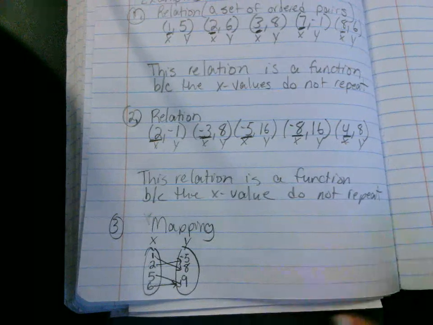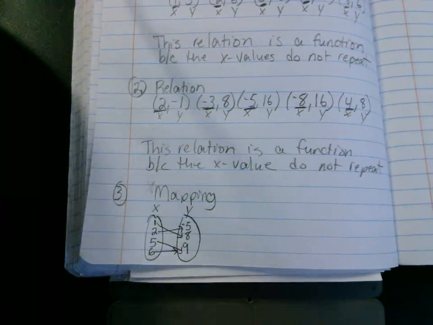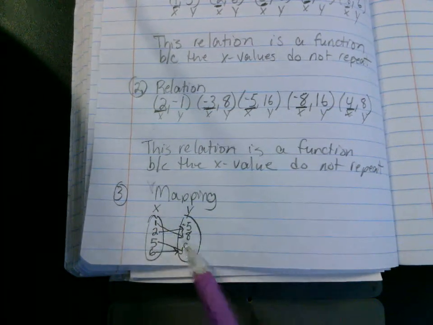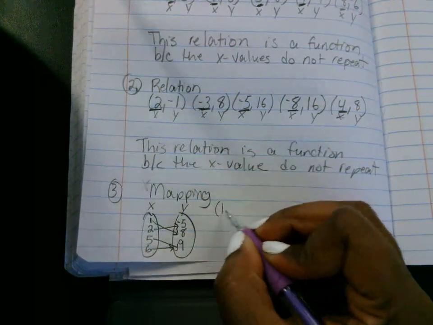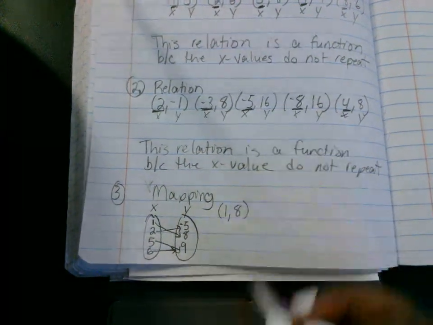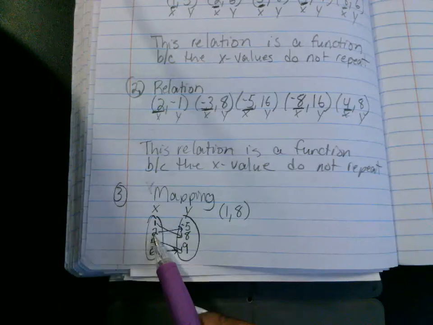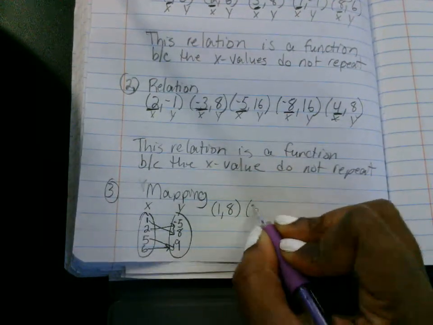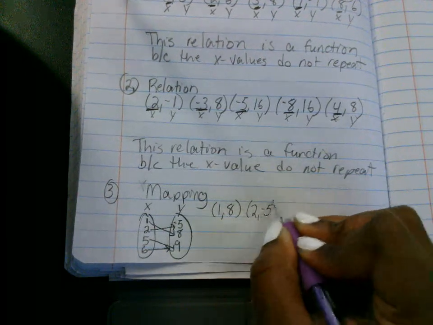Okay? So when you see mapping that looks like this, Ms. Reyes, how do you identify what the ordered pairs are? You identify the ordered pairs by the line. This line is going from 1 to 8. So this ordered pair is 1, 8. The second line is going from 2 to -5. So the second ordered pair is 2, -5.